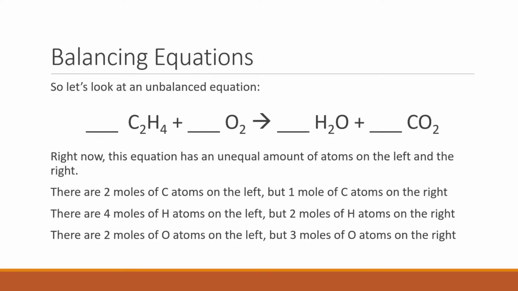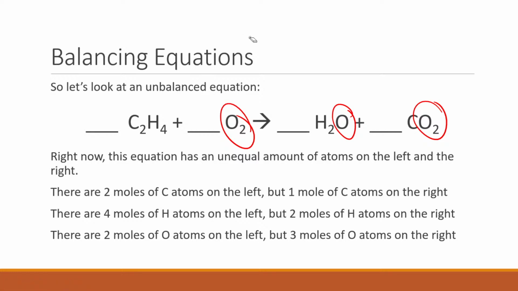So, let's look at a more complicated example. Here we have an unbalanced equation. We've got 2 moles of carbon on the left, 1 mole of carbon on the right. 4 moles of hydrogen on the left, 2 moles of hydrogen on the right. 2 moles of oxygen on the left, 3 total moles of oxygen on the right.